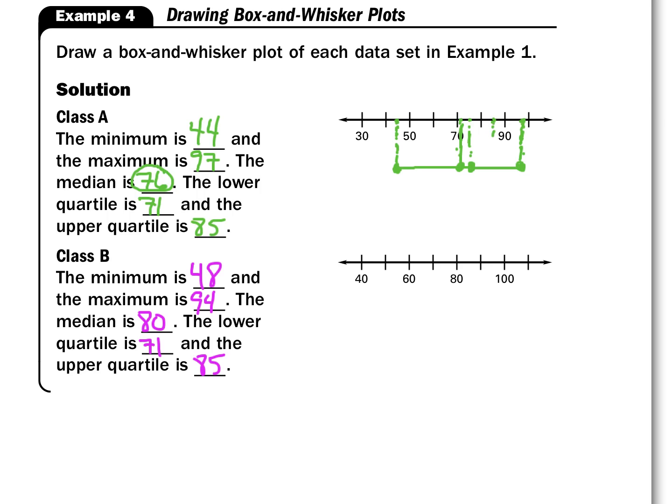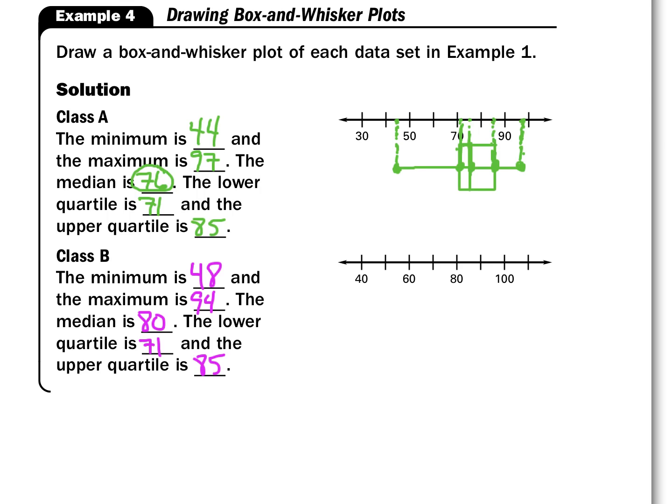So at least we got a little bit of distance on that one. Okay. So your minimum and maximum become your whiskers, and then you draw a box around the upper and lower quartiles and a line that goes through the median. Okay, so there is our box, and then the maximum and minimum are our whiskers.